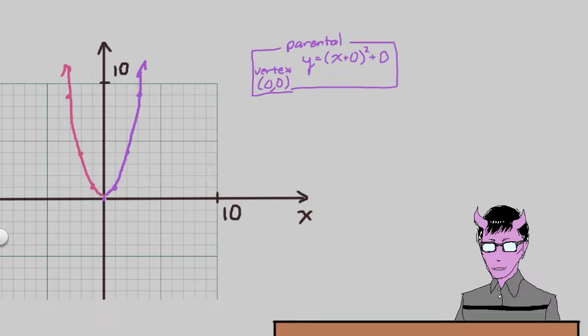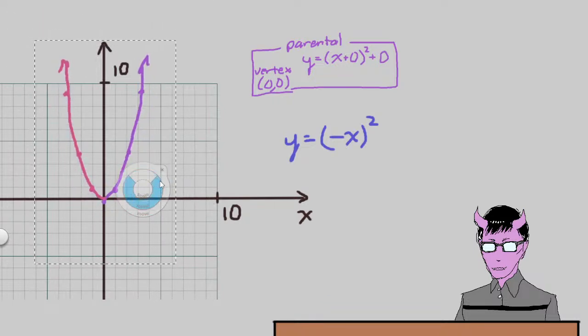That is the left-hand side of your parabola. What happens is if you have a negative inside your parenthetical before you square, you just flip, you mirror all your inputs. So the purple inputs which would have been positive inputs now become negative.